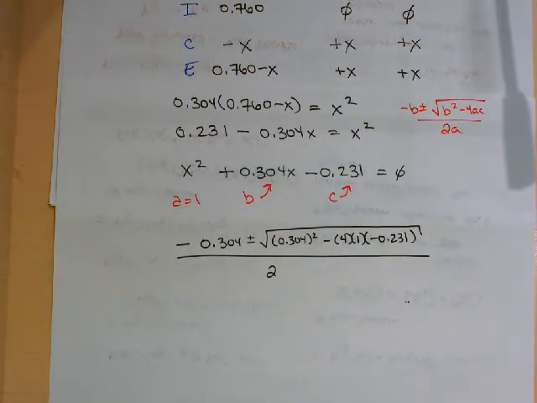Alright, do you need me to show every step, or can I skip ahead a few steps? Alright, let me just make sure I got the right thing. 0.4 squared. Come on.